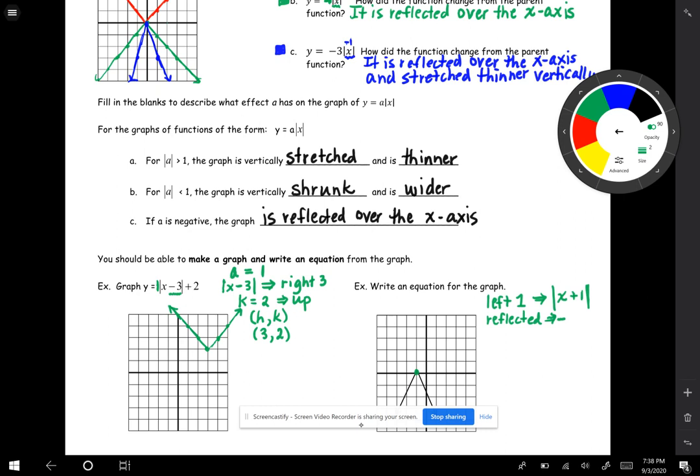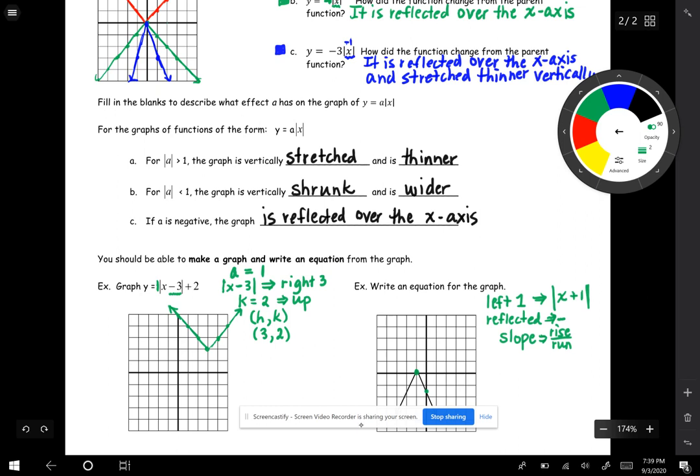So the slope is rise over run. So from this point, let's start at the vertex.